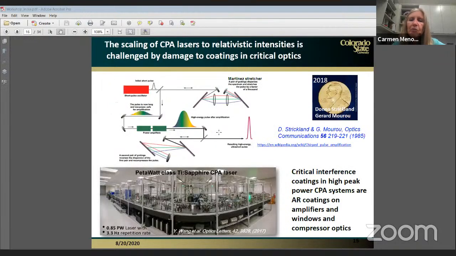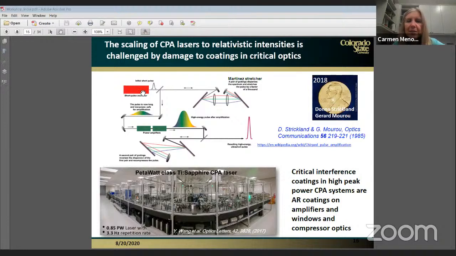So now I'm going to briefly cover the second topic of our work, which is understanding how we need to design interference coatings for ultra-high power lasers. The geometry that is used to generate high energy ultra short pulse laser is called chirp pulse amplification, and it's schematically shown here.